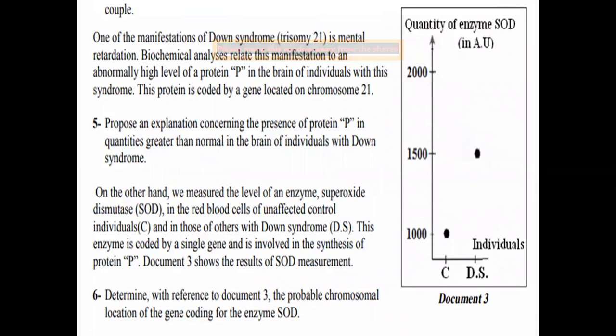One of the manifestations of Down syndrome, which is trisomy 21, is mental retardation. Biochemical analysis was performed, and this analysis relates this manifestation to an abnormally high level of a protein called protein P in the brain of individuals with this syndrome.